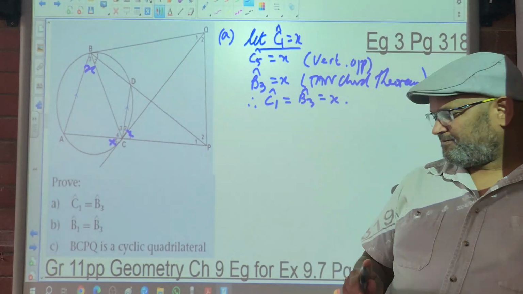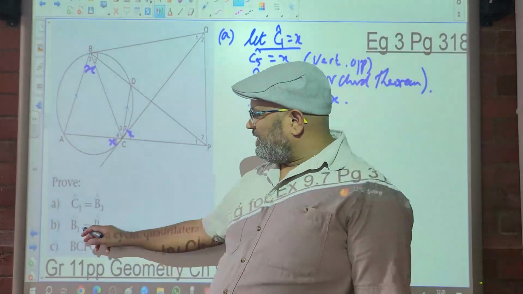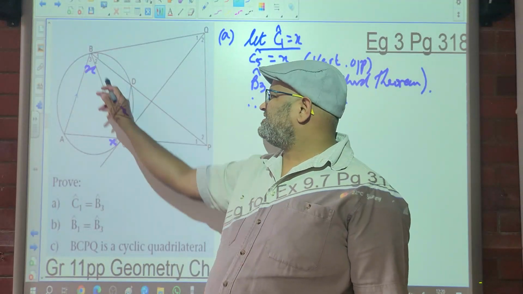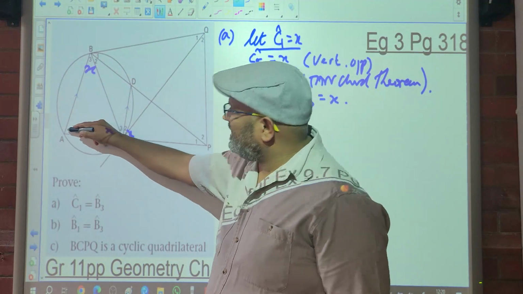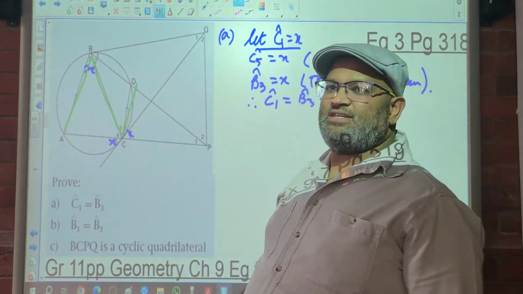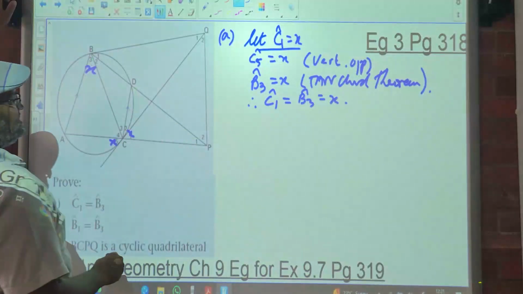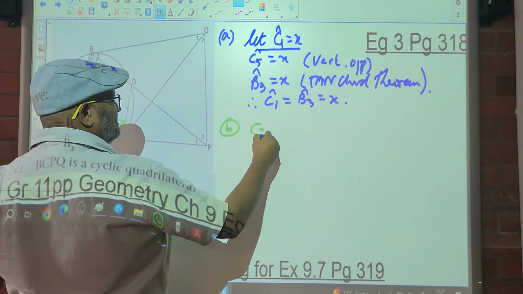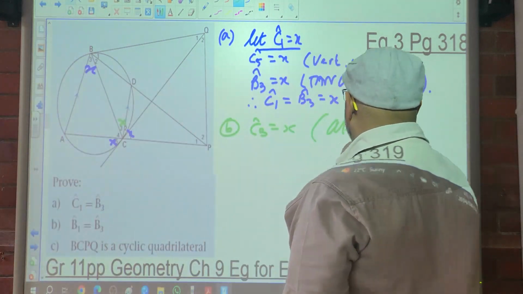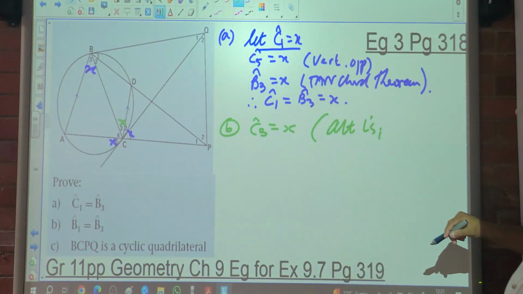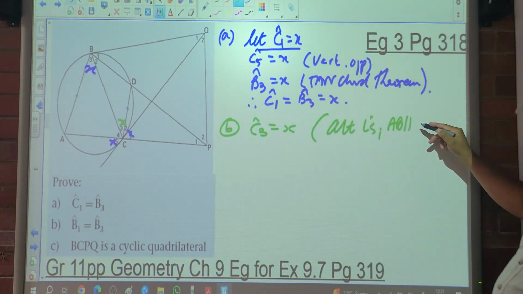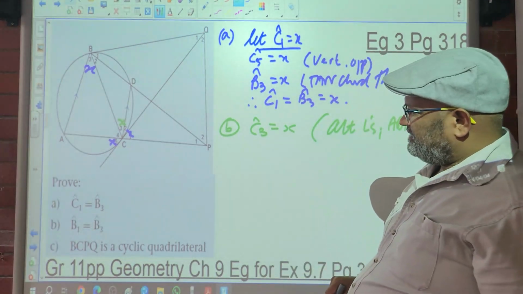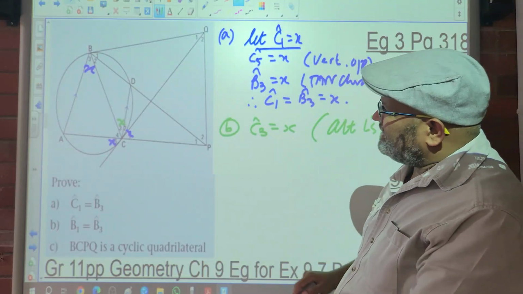So this is that one switch. B1 and B3. Right, since B3 is already marked x. Which other angle is x? C3. Why? Alternate angles. So I'm going to say that C3 is x. And we see this: alternate angles with AB being parallel to CD. And now B1 is equal to x.